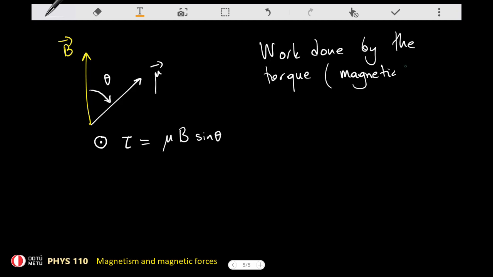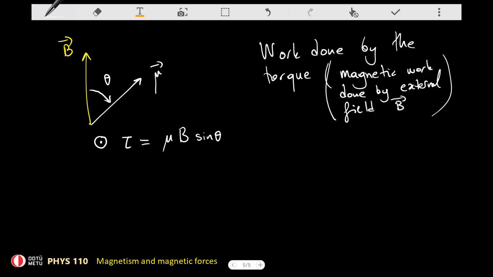Let's say it like this: magnetic work done by external field. Let's remember the directions again. So work done, in any small process, is the torque dotted with the displacement, in that case theta. I'm going to call this d theta.